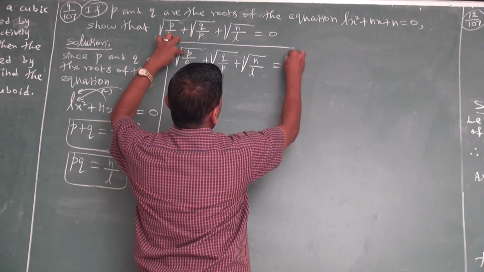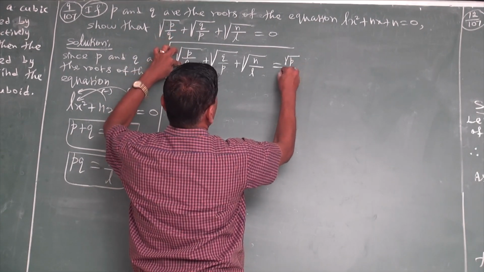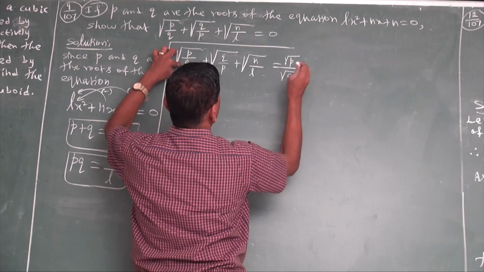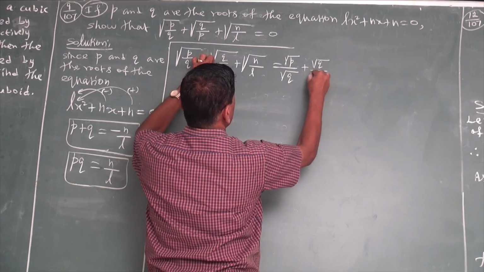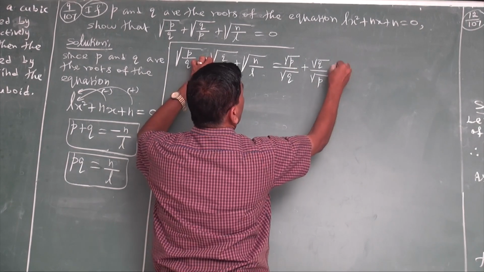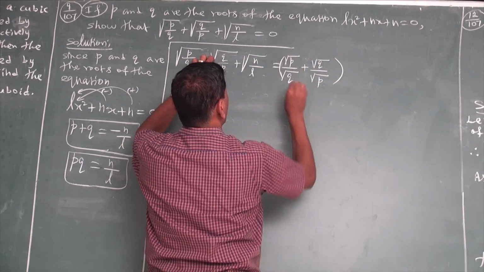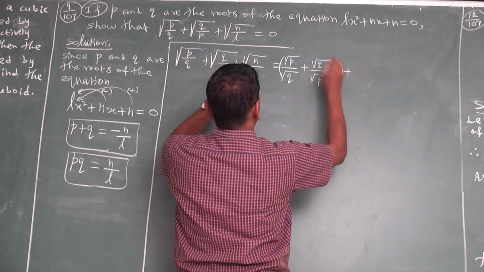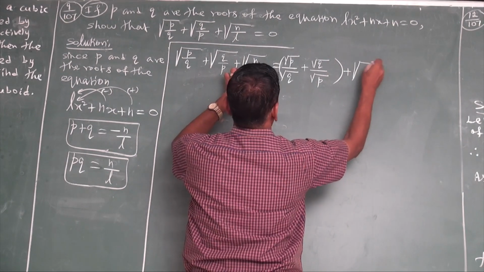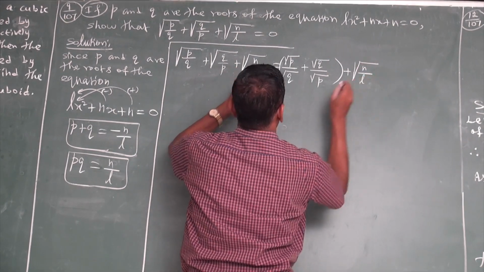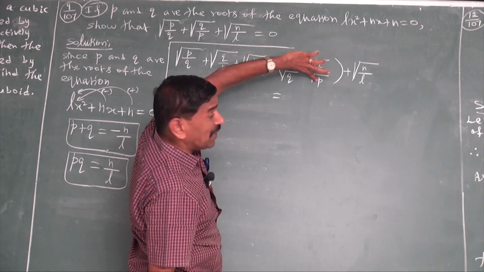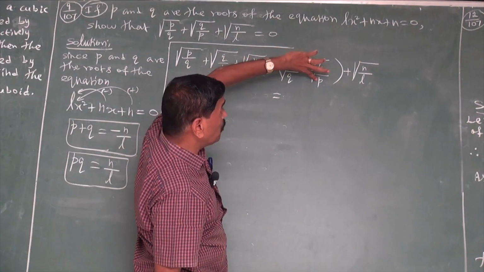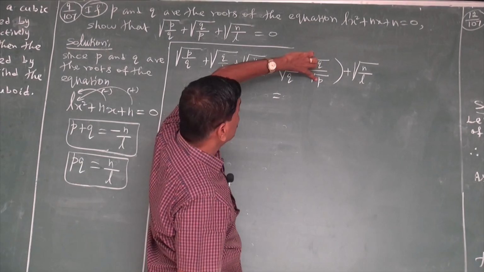That is square root of p divided by square root of q plus square root of q divided by square root of p. Okay. So for our convenience, put a bracket; the third term is fixed, square root of n by l. Now consider the numerator of the first and the denominator of the second, root p. That is the same, like terms.